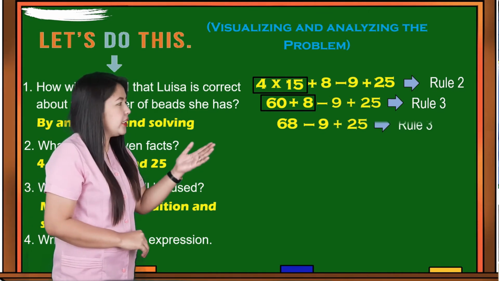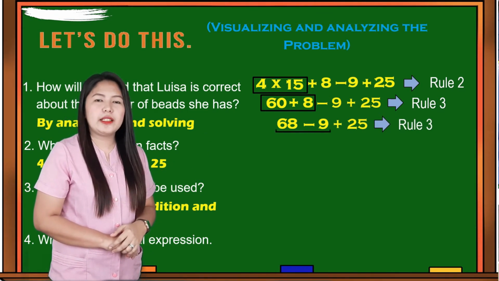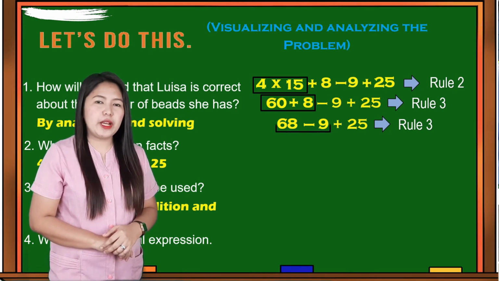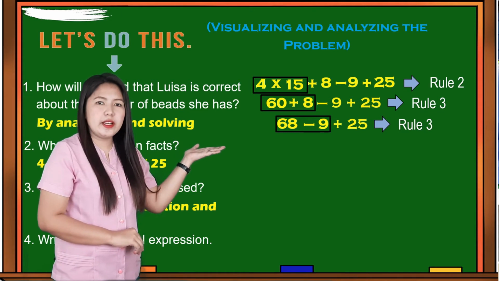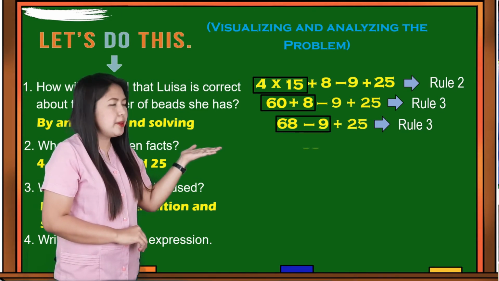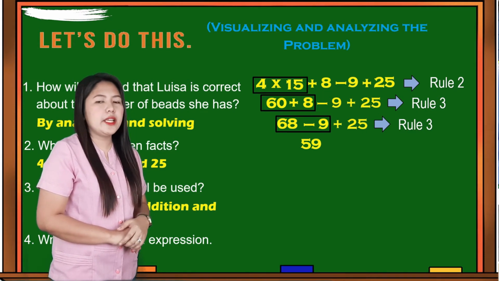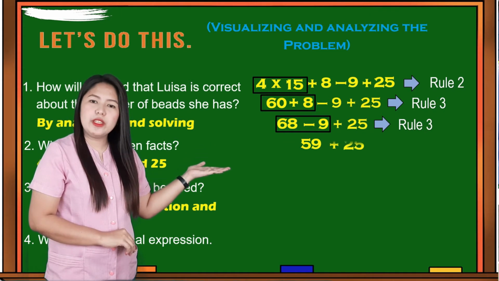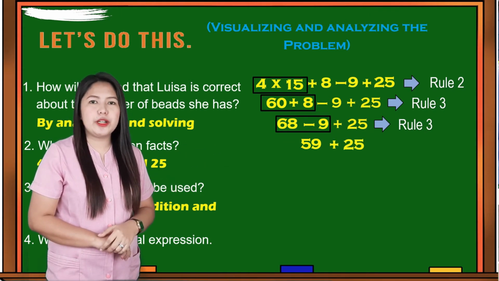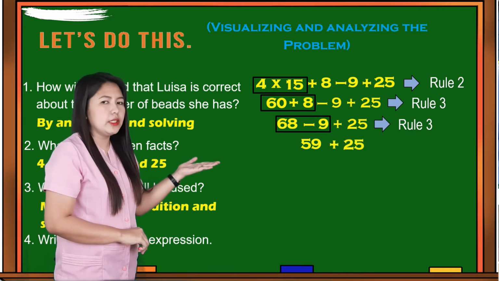Ngayon, ano nakikita niyong rule na pwede natin i-apply? Tama, meron tayong addition. I-add nyo naman ngayon si 60 at 8. 60 plus 8 is 68. Ibaba si minus 9 plus 25. Yun ay rule number 3. Anong susunod nating rule?